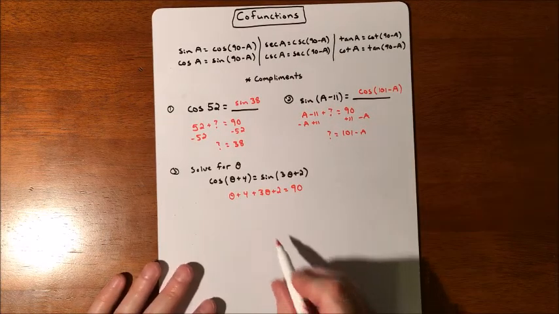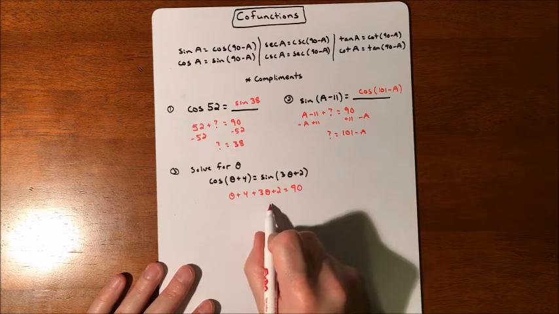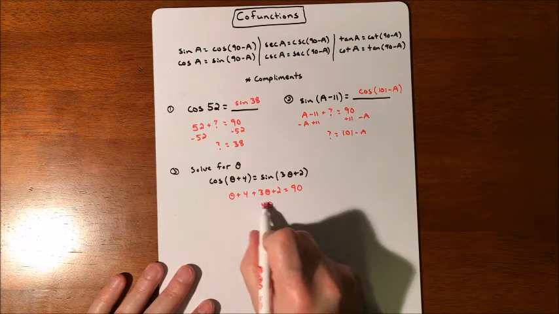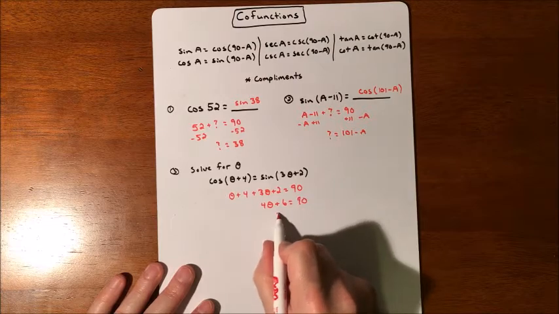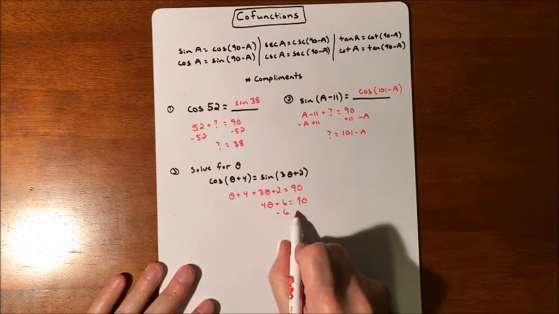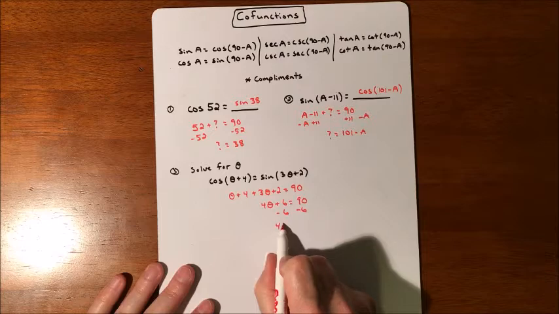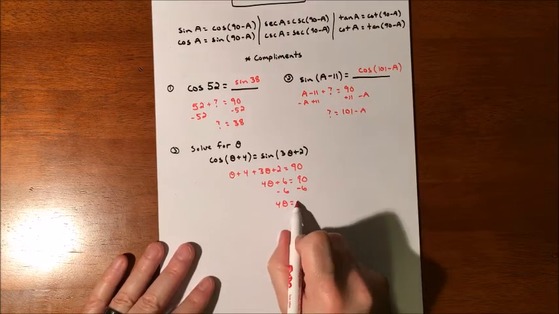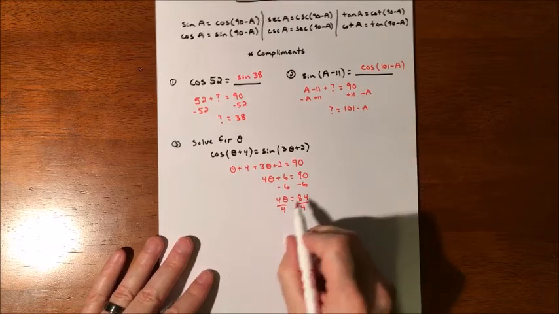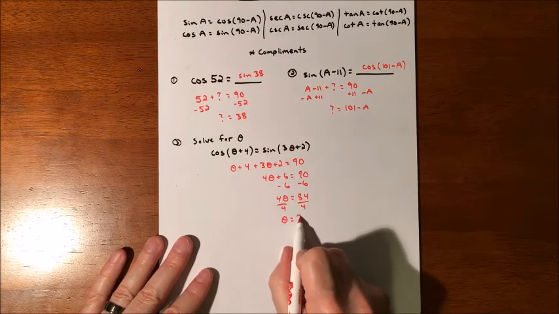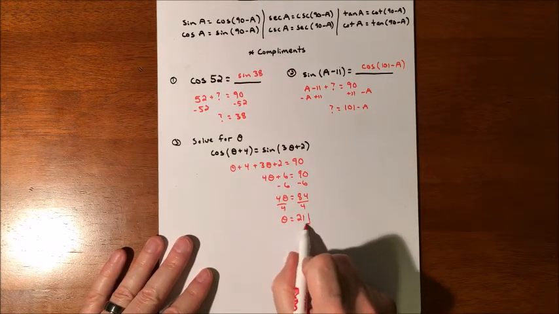And then I solve for theta. So I put my 3 theta and theta together, that's 4 theta plus 6 equals 90. Subtract 6, 4 theta equals 84. Divide by 4, divide by 4. Theta is going to equal 21.